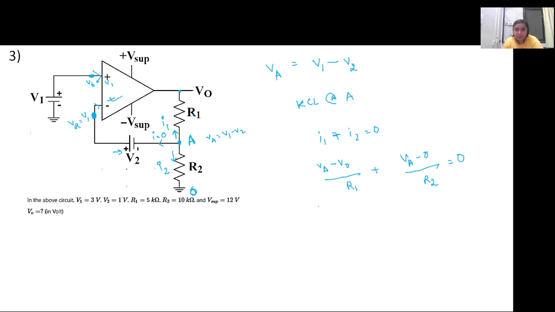We already have VA as V1 minus V2, so (V1 minus V2 minus V0) by R1 plus (V1 minus V2) by R2 equals 0. Now we have V1 and V2, so we can plug in these values and calculate V0. Please calculate V0.